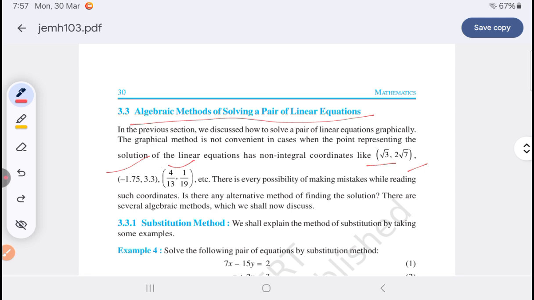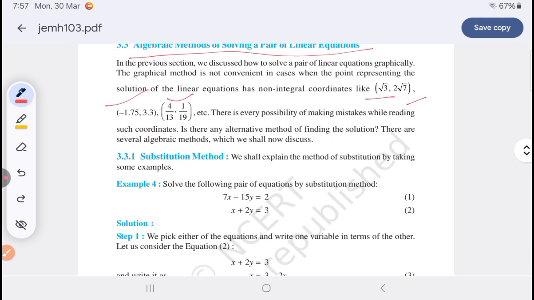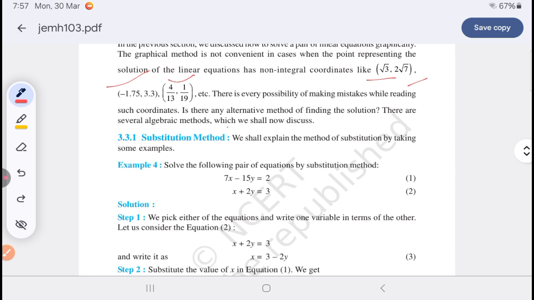It is very difficult to represent these on the graph. So for that there are methods, that is the substitution method and the elimination method. Initially we'll discuss the substitution method.